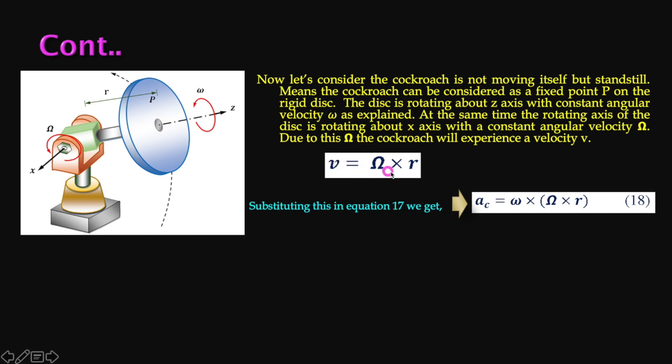So v equals omega cross r. We know v equals omega cross r. Again the Coriolis acceleration is omega cross v. So substituting this v here, the Coriolis acceleration is omega cross omega cross r.